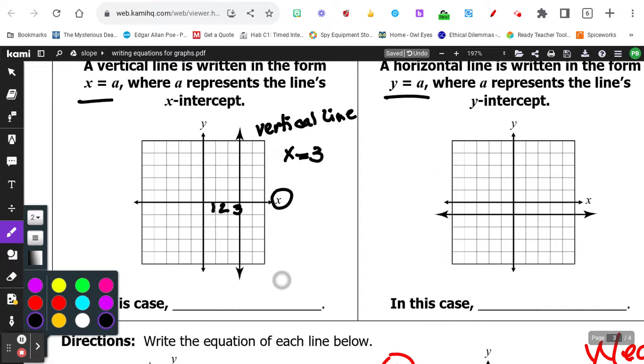This one is horizontal. It's a horizontal line, but it doesn't cross the x-axis. It crosses the y-axis at a y of -1. So it's y equal to -1.